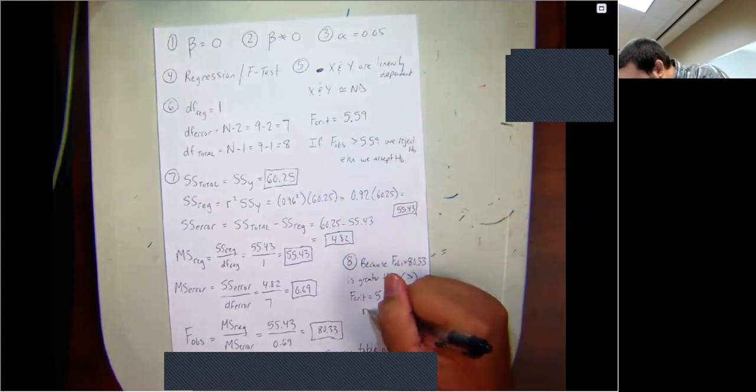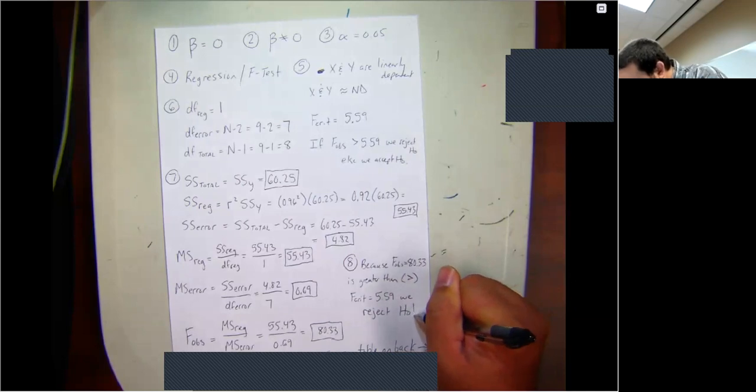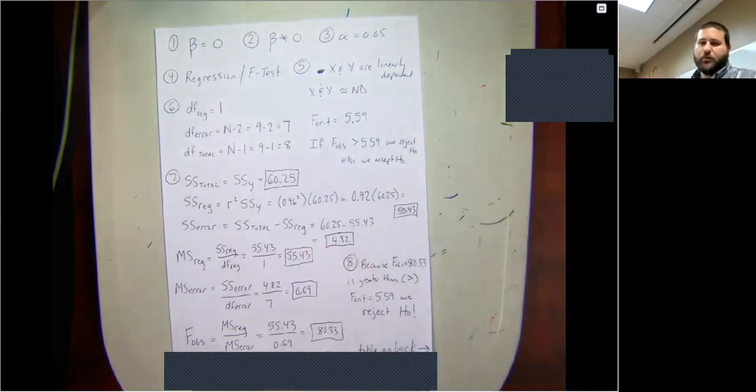We reject the null. So we're rejecting the statement that the slope is equal to 0. We say there is a slope to this regression line, and because of the way we calculated the slope in the other video about the computation of the regression equation, we know the slope is positive.